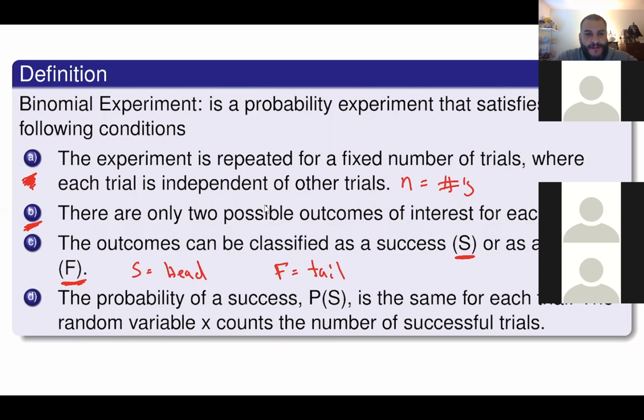All right, last one: the probability of a success, P of S, is the same for each trial. The random variable X counts the number of successful trials. So P of S is always the same. Think about it like when you flip a coin. When we flip the coin the first time, the probability that I land on heads is 1 out of 2.